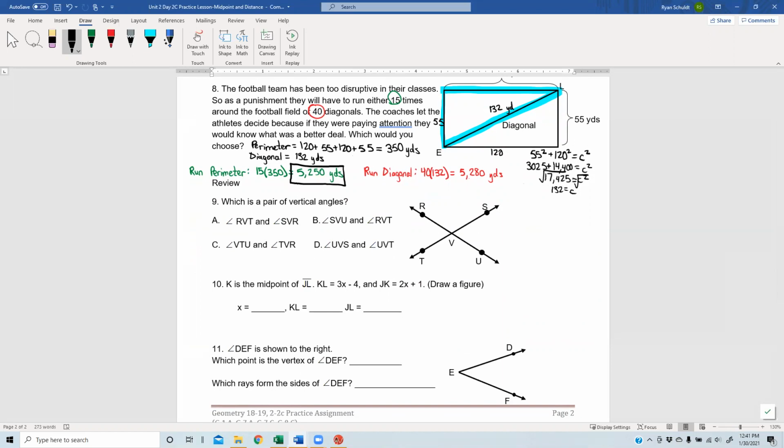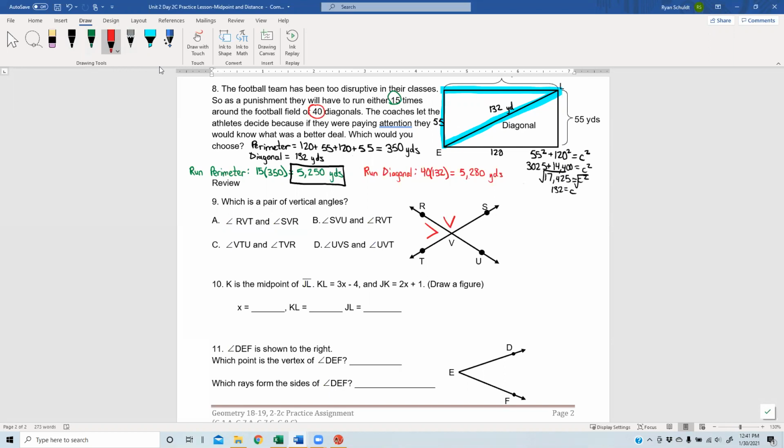First, they ask us, which is a pair of vertical angles? Well, let's go through the answer choices. A says RVT, so that's this one. Let me change my color here. RVT is this one, and then SVR, that one. Are those vertical angles?